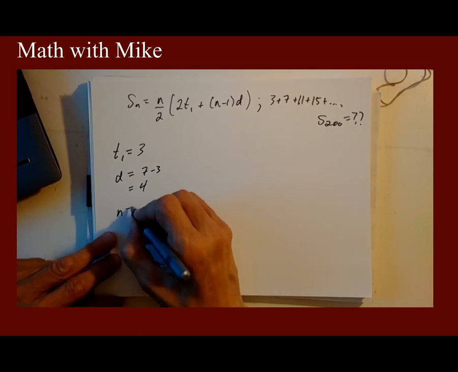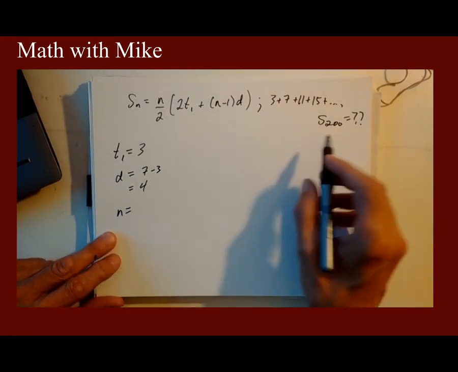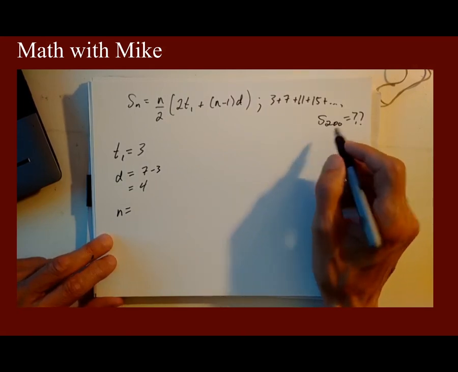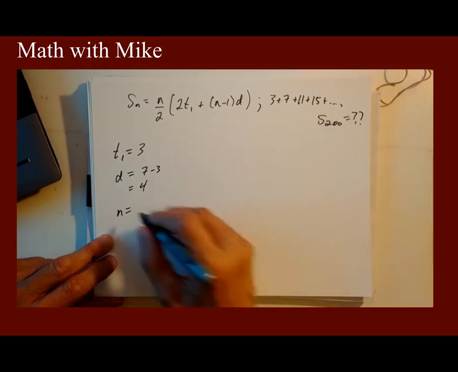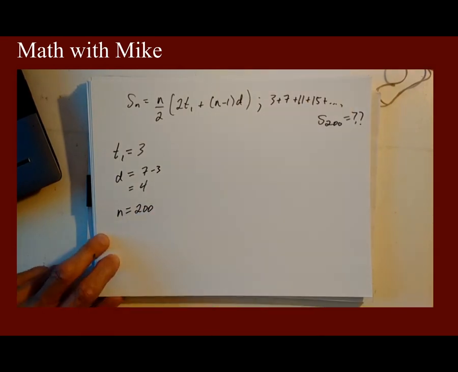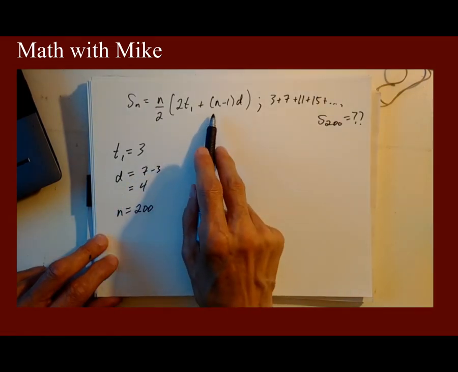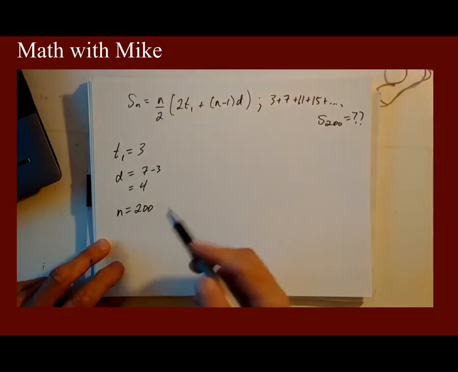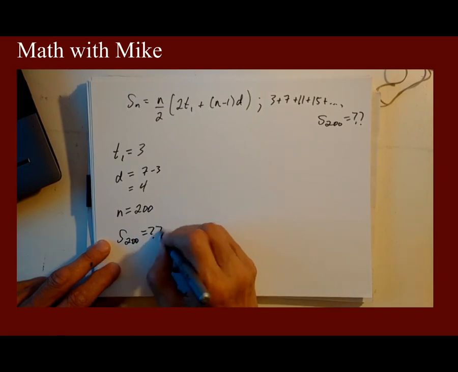And we want the sum up to the 200th term, that is, the 200th spot in the series. So t1, yep. n, yep. d, yep. What are we looking for? 200 terms.